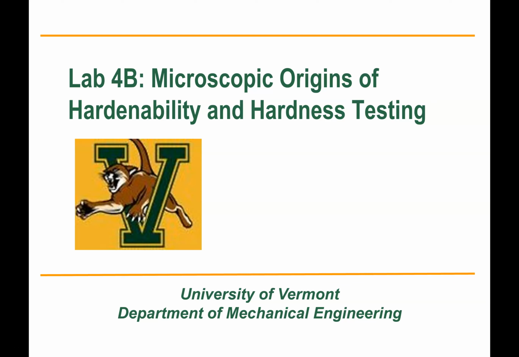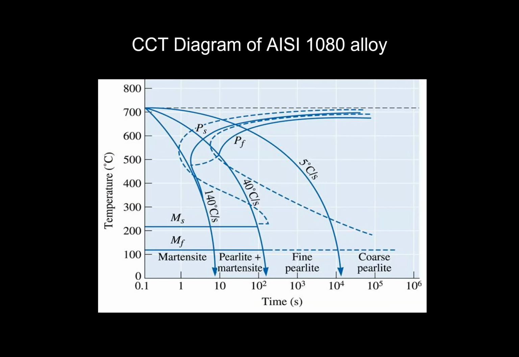So in this video we will talk more about the microscopic origins and the microstructures that relate to hardenability, and we'll shift to the hardness testing that is performed in this experiment.